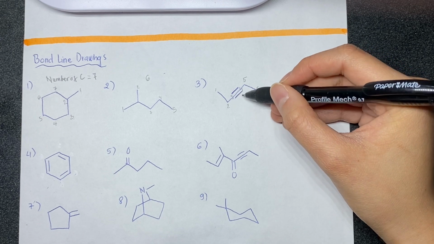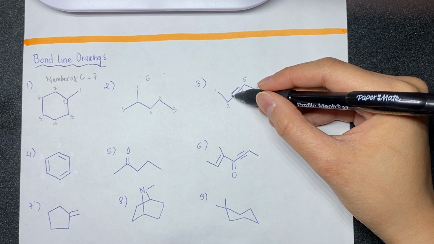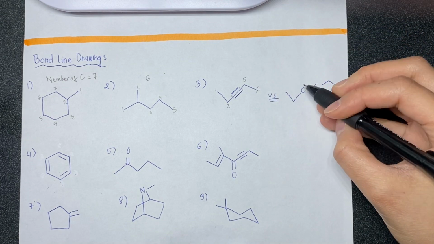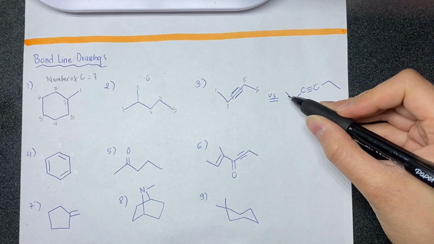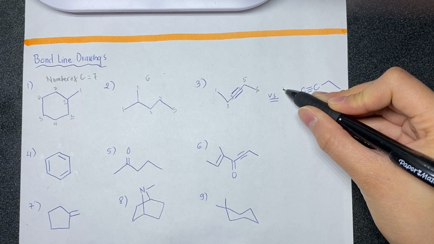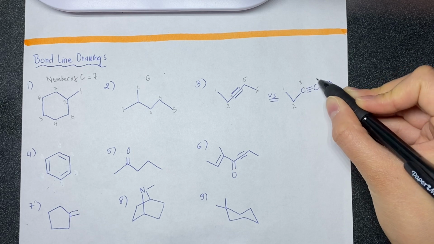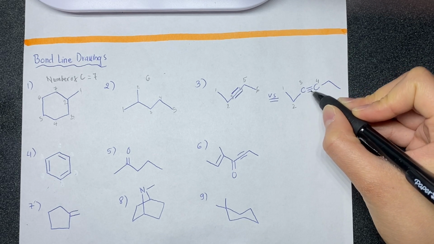Remember that there are 2 carbons here because this is a triple bond. So you have 1 carbon here and then 1 carbon here. And then if you were to move on to this one, as you can see, like I drew it out for you, this is going to be your carbon 1, carbon 2, carbon 3, carbon 4. And here is your triple bond in the middle of the 2 carbons.